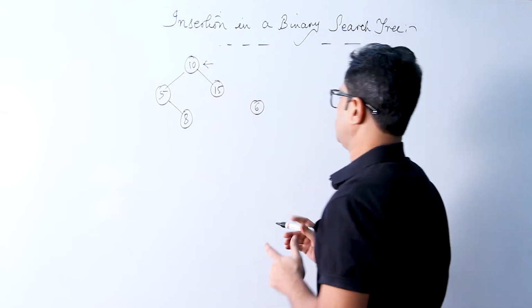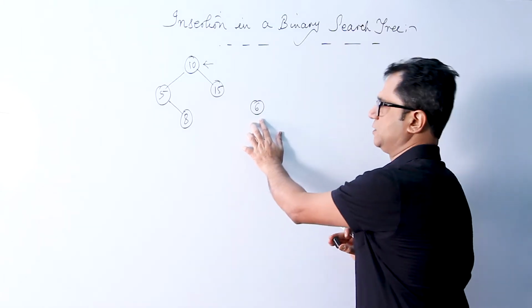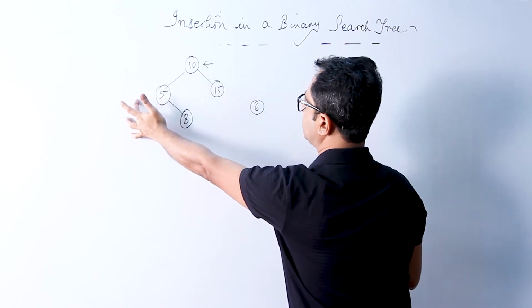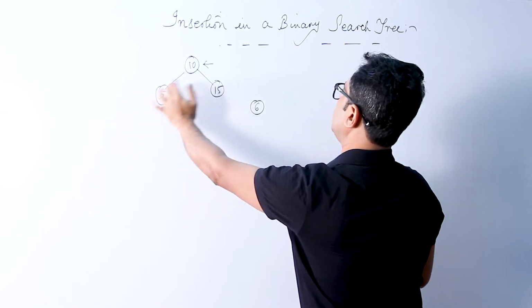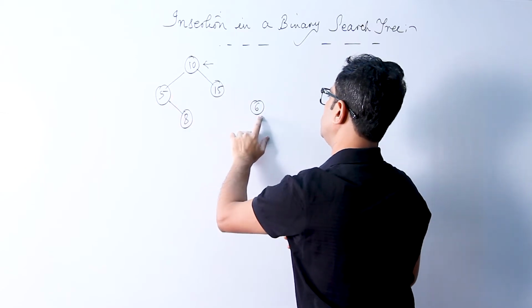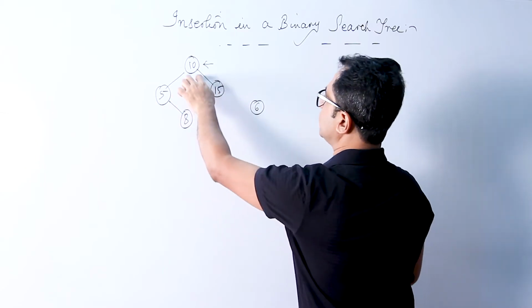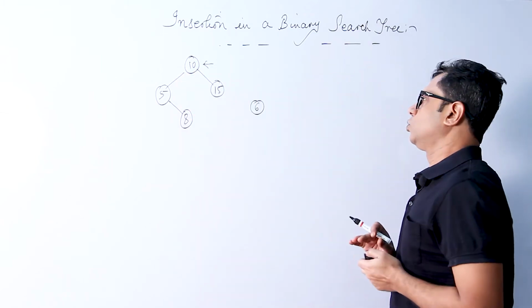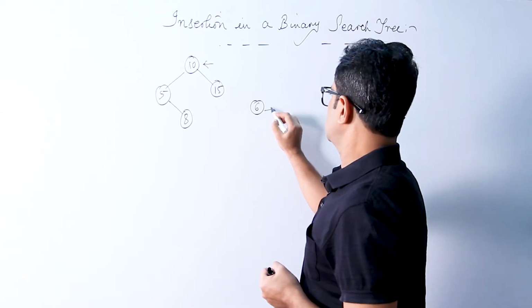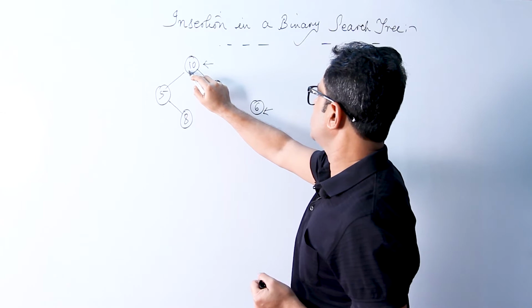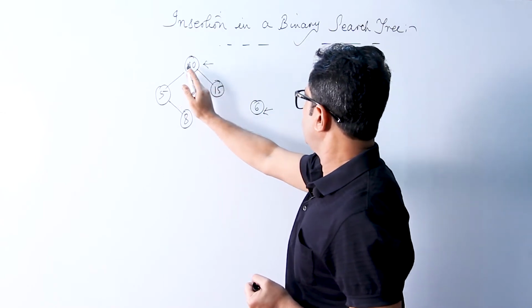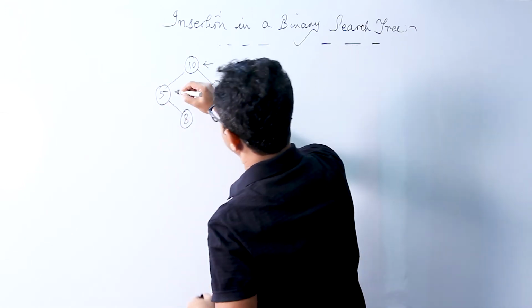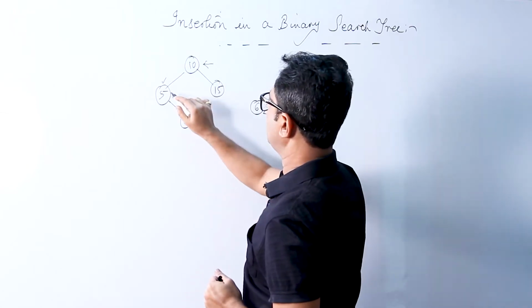So 6 will be compared to 10, and if this value is less than 10, we will go to the left subtree and do the insertion process there. And if the value of the new node is greater than the root node value, then it is to be inserted in the right subtree. Here 6 is definitely less than 10, so we look towards the left subtree, that is, we go to this 5, and this left subtree starts with the node having a value of 5.